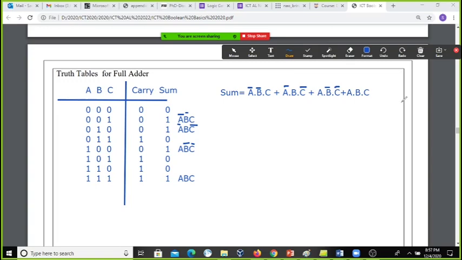We want to find out what is the equivalent expression for this. To find that out, we know that earlier we have discussed A exclusive B. What is the Boolean expression?